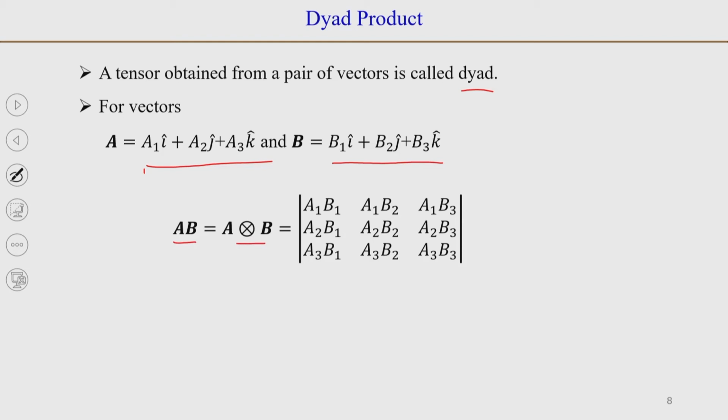When you see this symbol, a cross under a circle, you know that it is a dyad product, that when you multiply these vectors you get a tensor, whose components will be a1 b1, a1 b2, and so on. So, this is the matrix that you get by the multiplication. Okay.